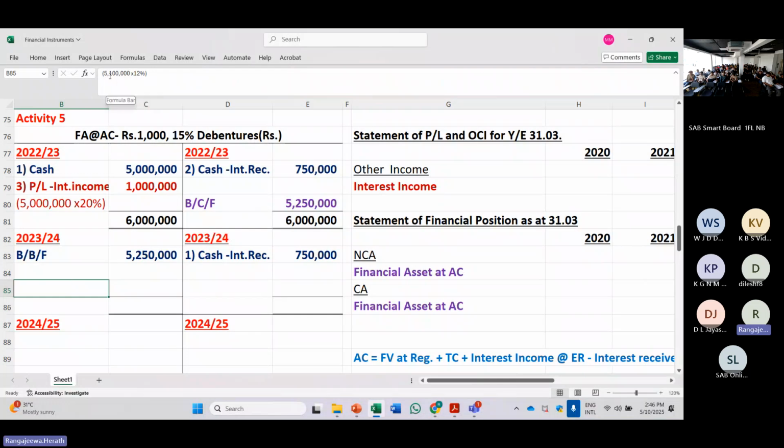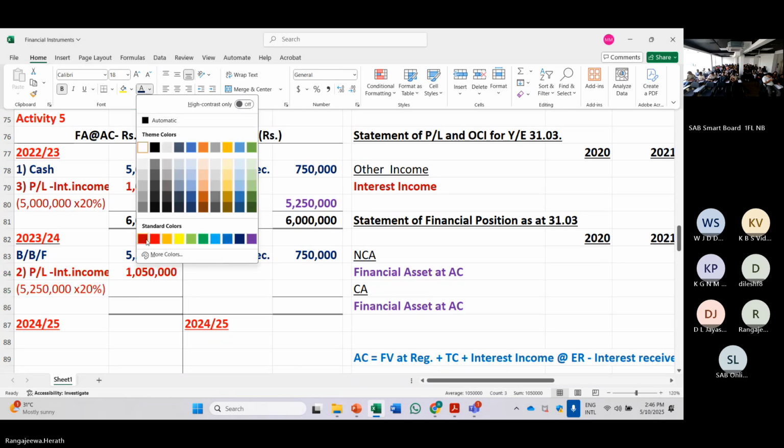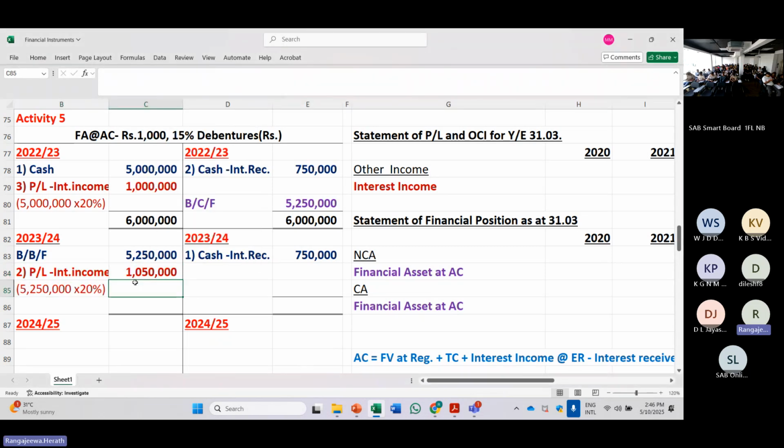That means 5,250,000 into 20%. So the interest income would be 1,050,000, the second year interest.